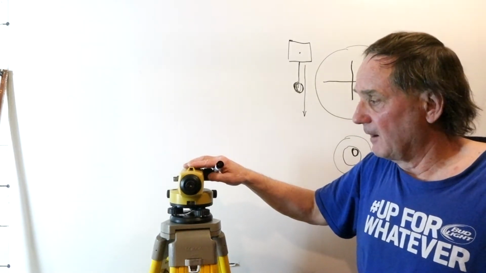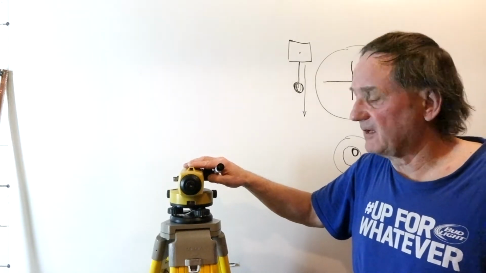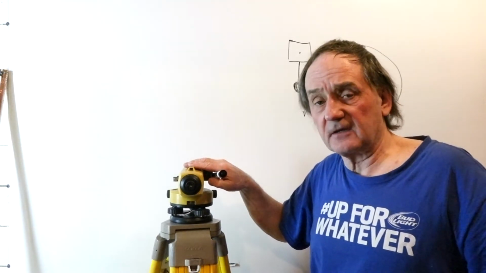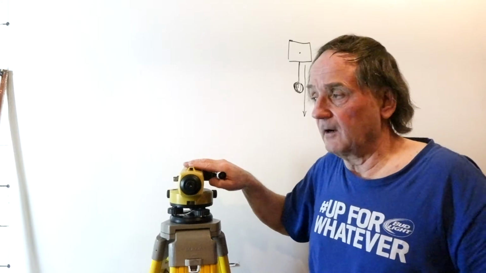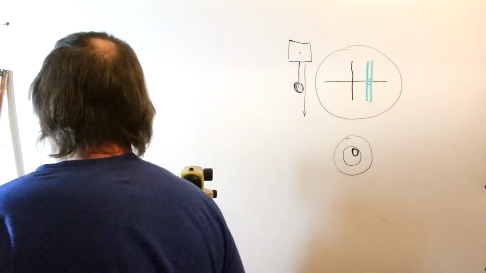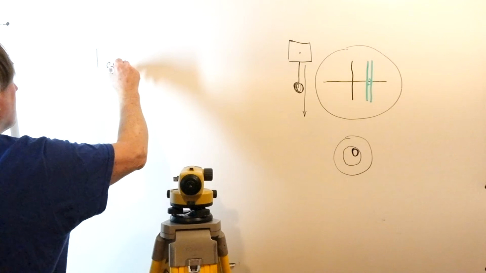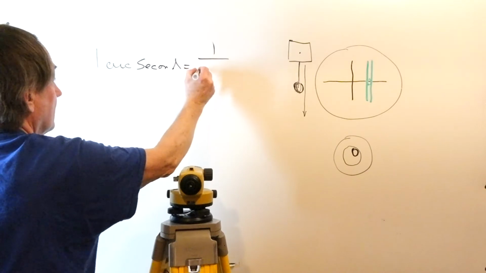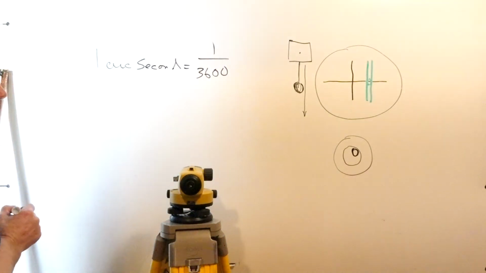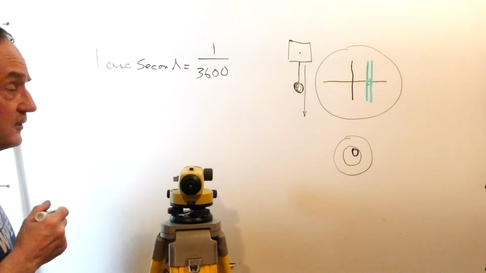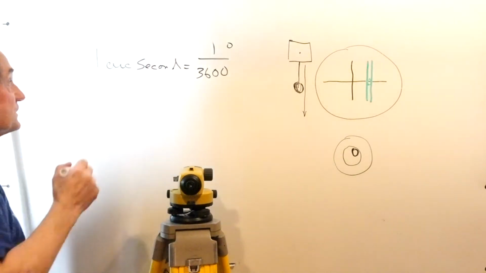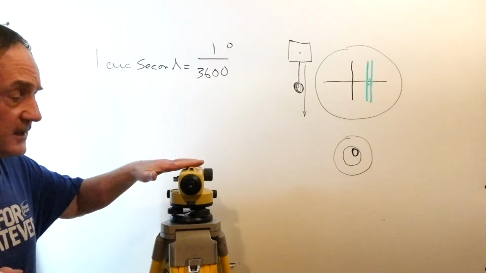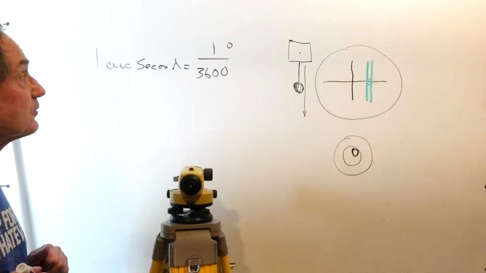I can with confidence state that this particular auto level can get us within 5 arc seconds, or 5 seconds of an arc of a degree. 1 arc second equals 1/3600th of a degree. So there's 3,600 arc seconds in 1 degree. So this is pretty fine in adjustment in resolution and accuracy.